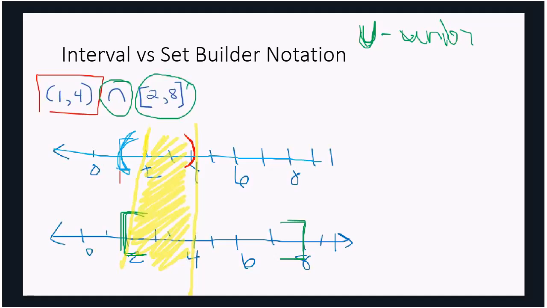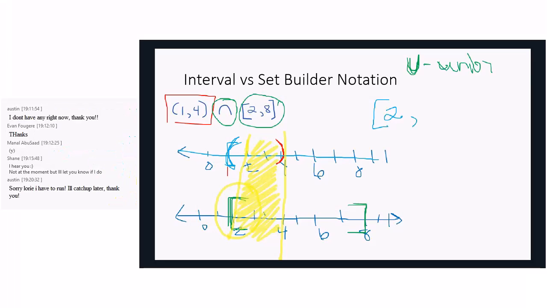Looking at this, you can see that I have a square bracket at my 2. So when I do my interval notation, it's going to include the 2, and then it's going to go to my 4, but my 4 has the round bracket. So that's how you decide whether your solution includes square brackets or round brackets, by looking at your 2 number lines.